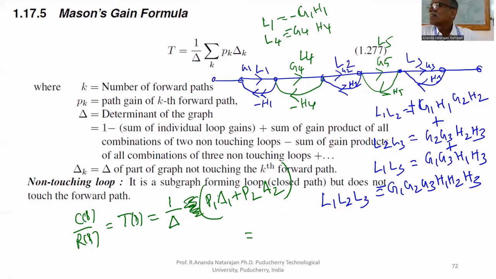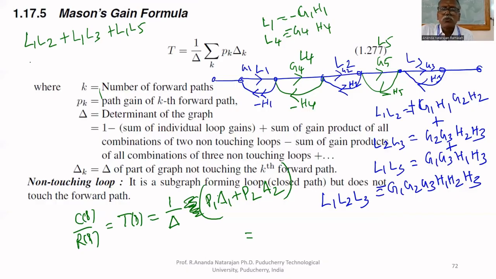Sometimes there won't be any common element, but they will be touching each other. How many two non-touching loops? In this case, let us check. Gain products of L1, L2, plus L1, L3. Am I correct? Plus L1, L5, also not touching.